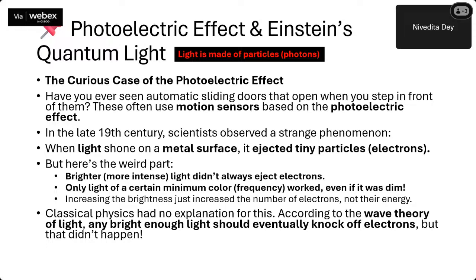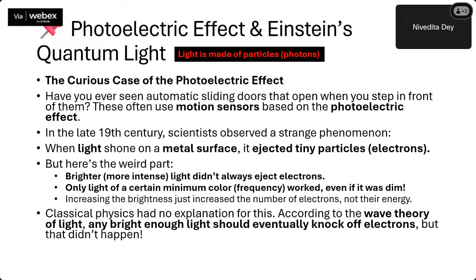Classical physics again had no explanation for this, because we know that whenever we increase something, there should be more ejection of electrons, as happens when there is an increase in energy or a kind of heat dissipation. So classical physics had no explanation.